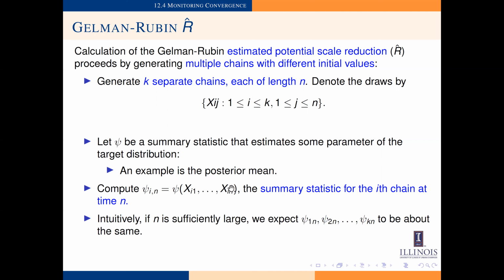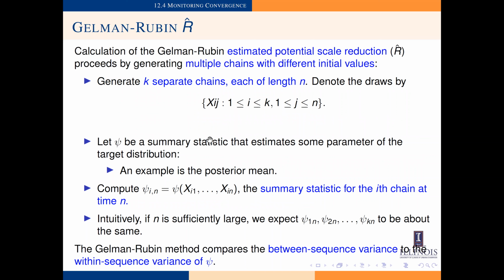Then intuitively, if n is large enough to reach convergence, we would expect psi_1n, psi_2n, and psi_kn to be about the same, meaning that for different chains with different starting values, if your n is large enough, then the summary statistic you get using the draws from each chain should be similar.